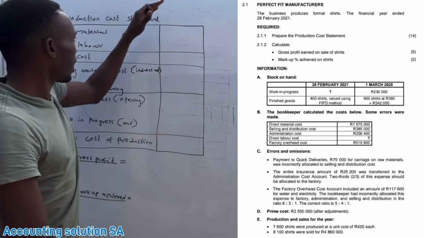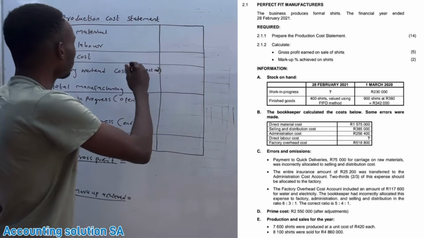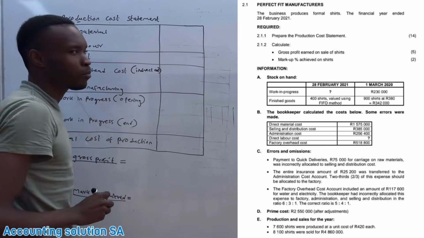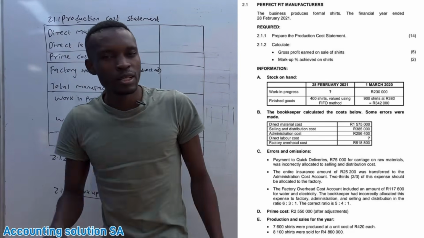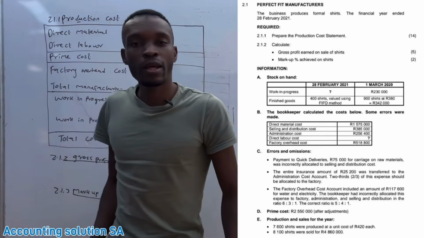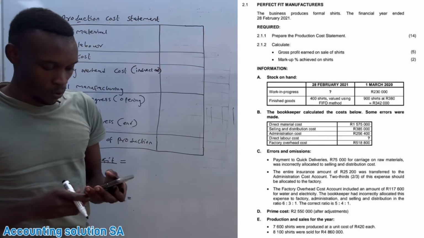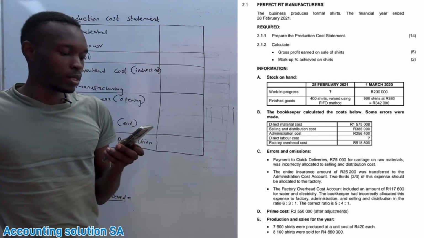Only allocate items that fall under production. All items that fall under production or manufacturing, just record them here. Administrative and selling and distribution don't include any expense under this account. Okay, let's check. They give us stock on hand.